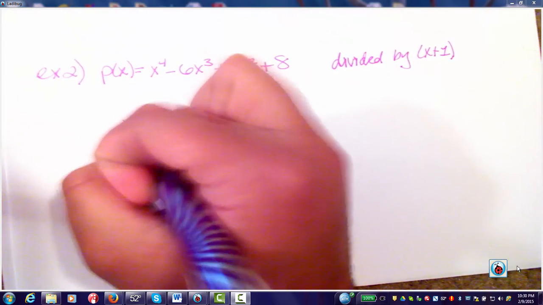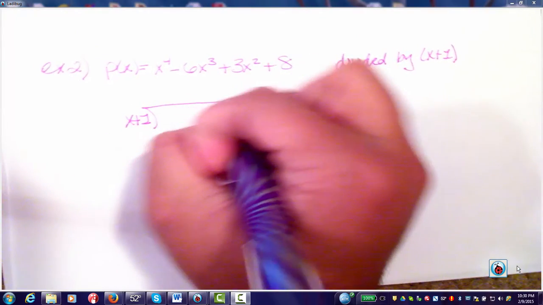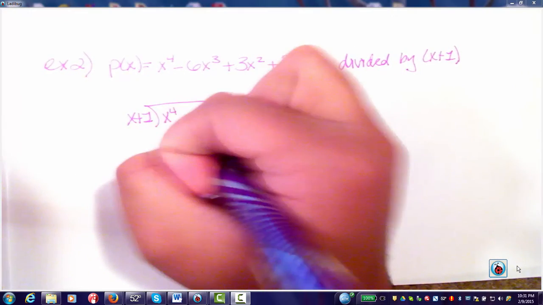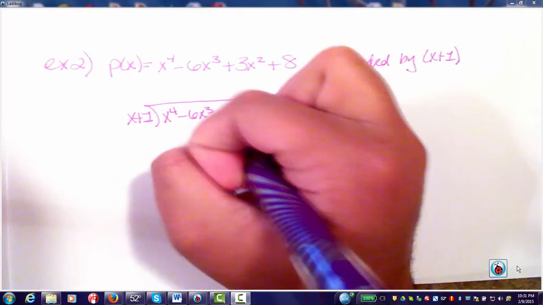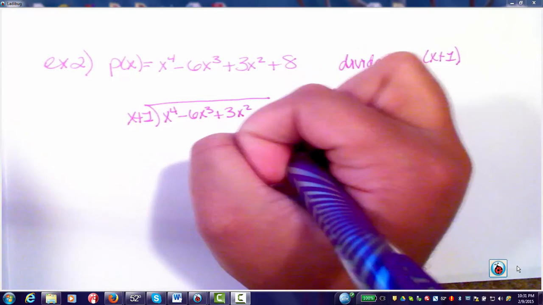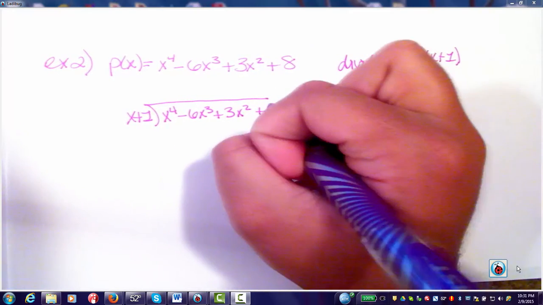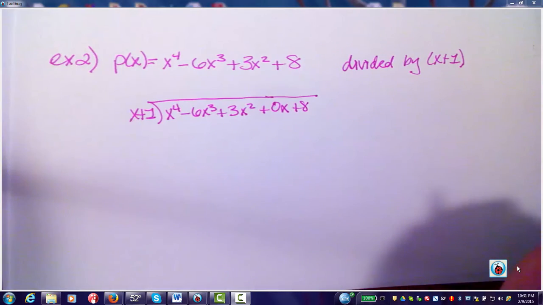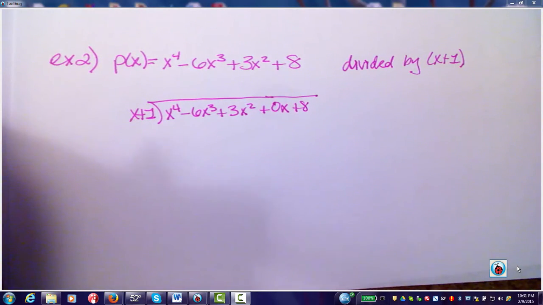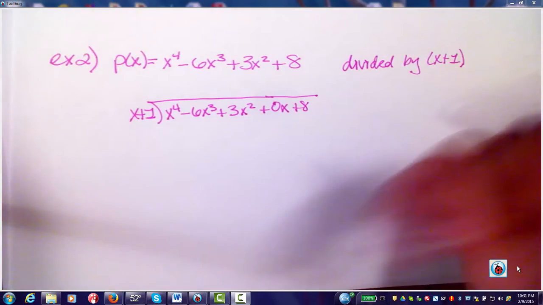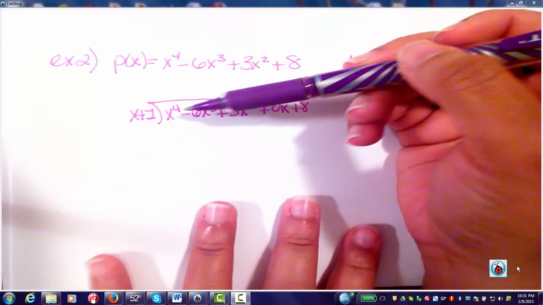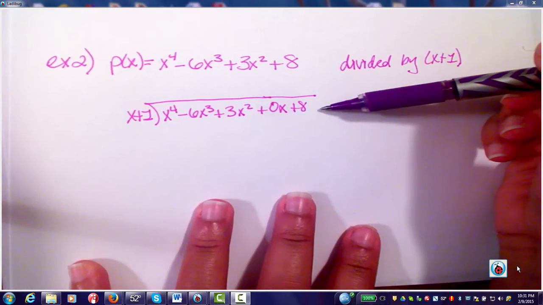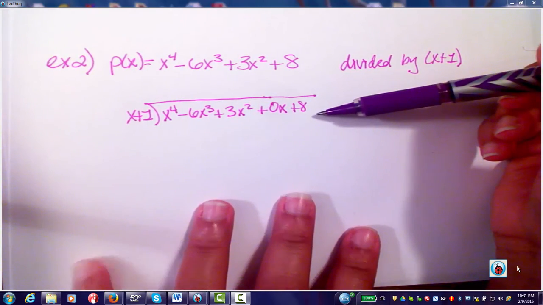So x plus 1 on the outside, and then x to the 4th minus 6x cubed plus 3x squared plus 0x plus 8. Remember, when you do long division, you need to put a placeholder for any terms that are missing, because you want your terms to go in descending order. So 4, 3, 2, 1, and then x to the 0 is 1.